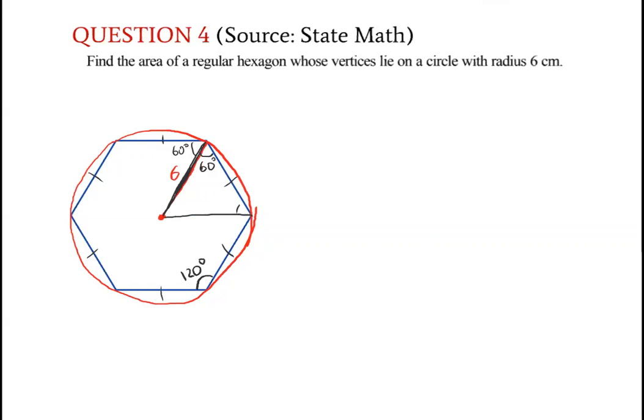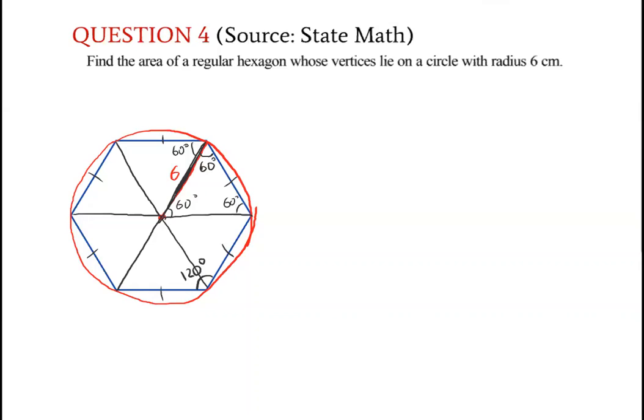So this is also 60. That means that this is 60. So basically, a regular hexagon is composed of 6 equilateral triangles. And if we find the area of one equilateral triangle, then we can find the area of the entire hexagon.